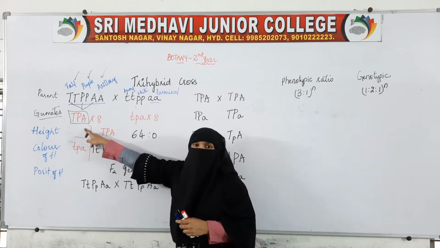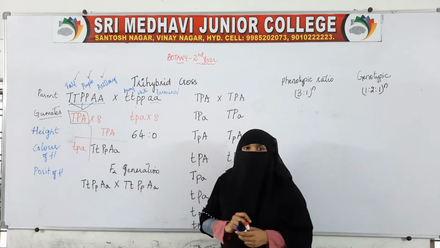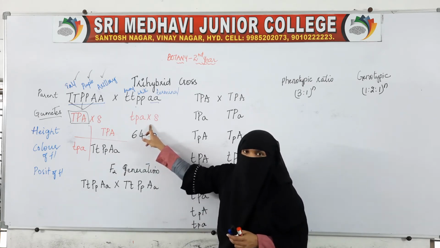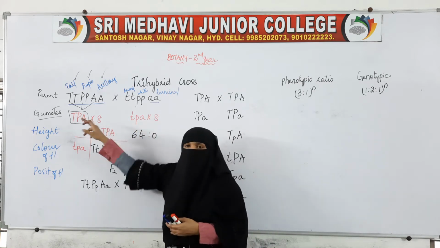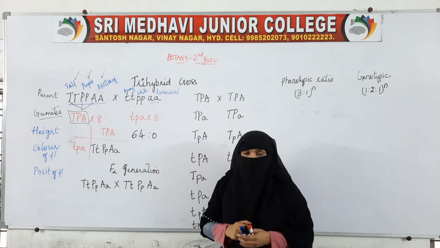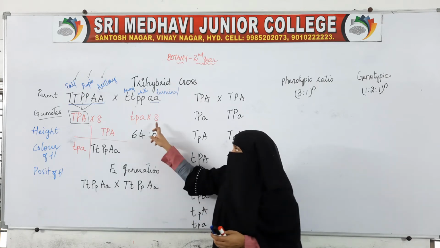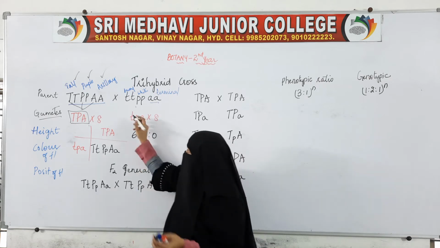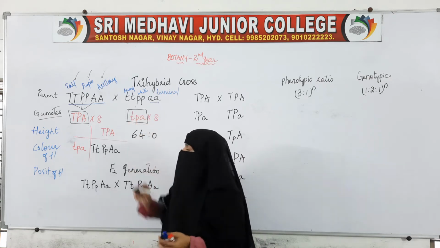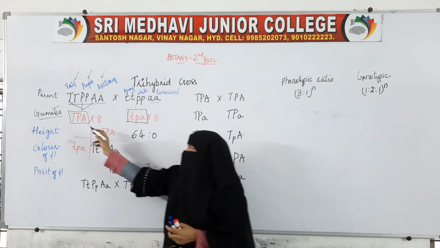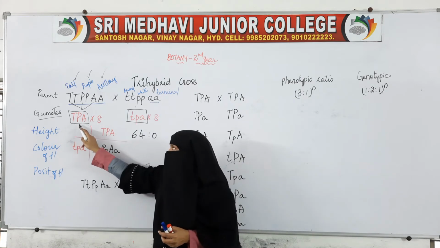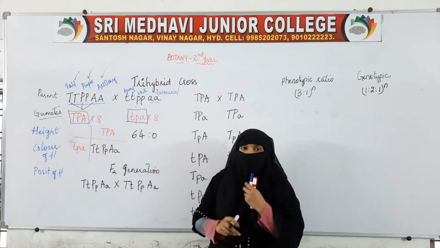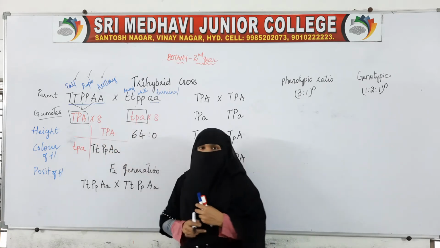Here all of them are dominant and here all of them are recessive characters. All of them show recessive characters, they have recessive alleles, and this one has dominant alleles. So we get 8 gametes of small t, small p, small a, and 8 gametes of capital T, capital P and capital A, one from each parent.